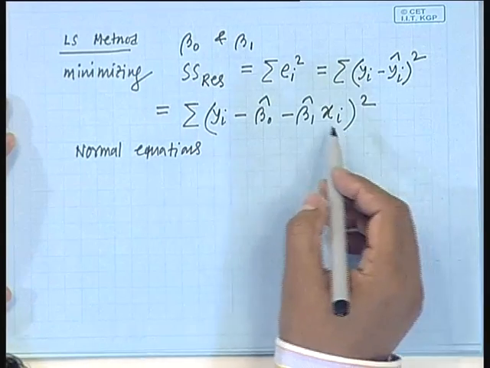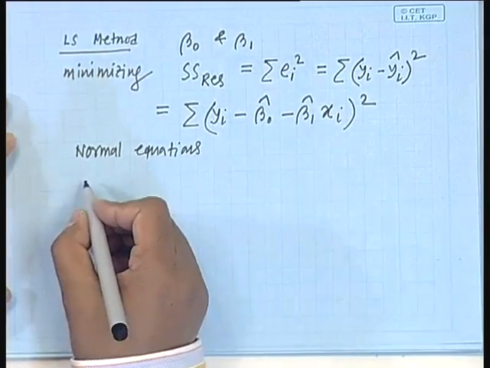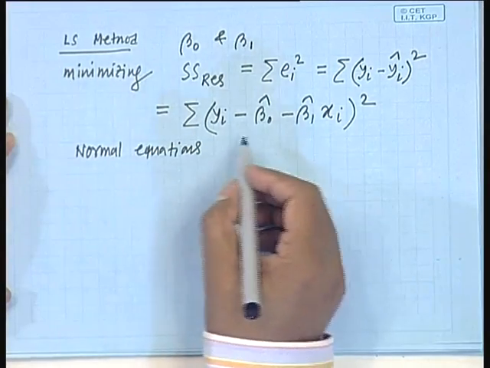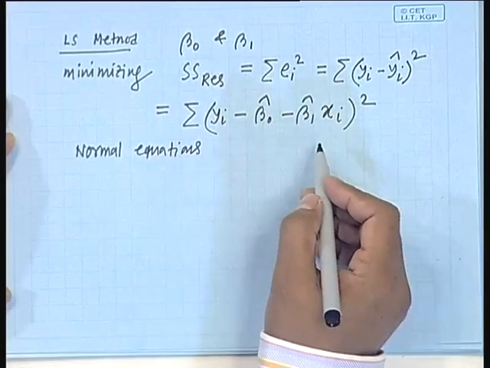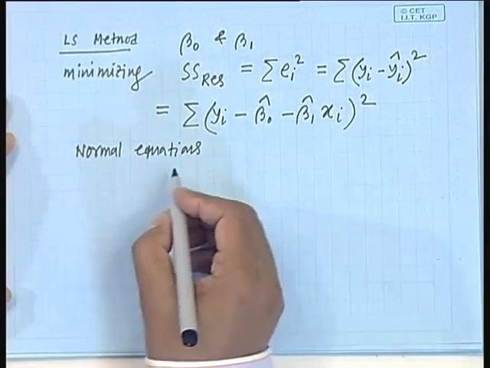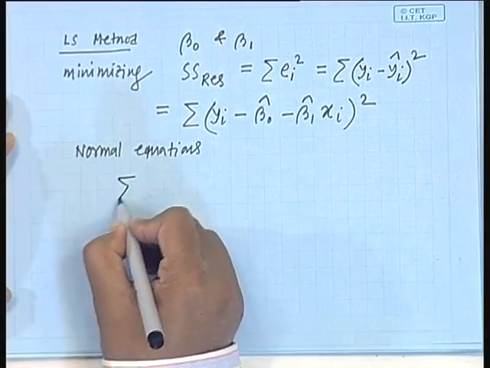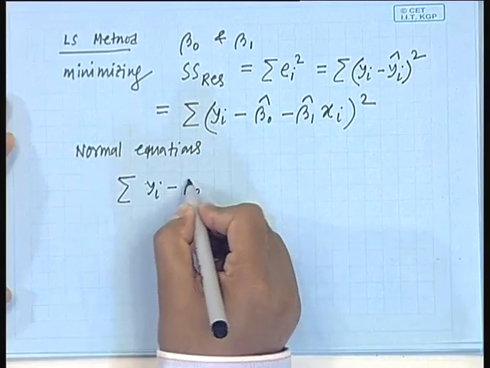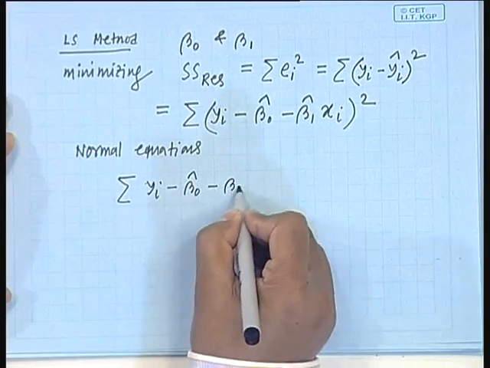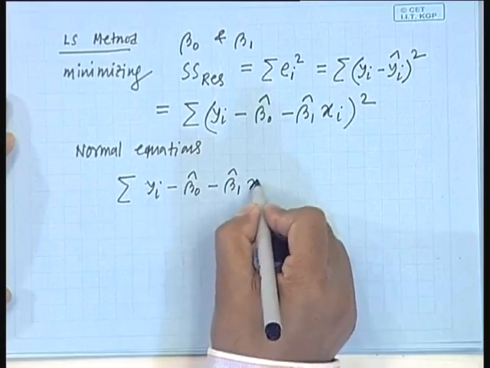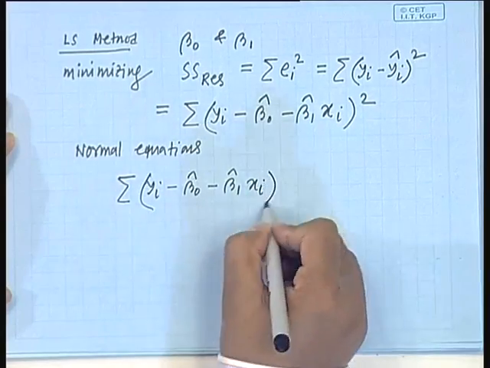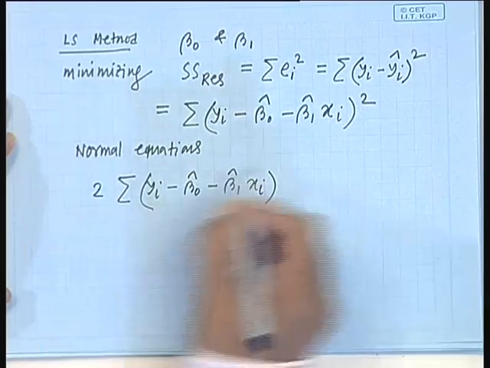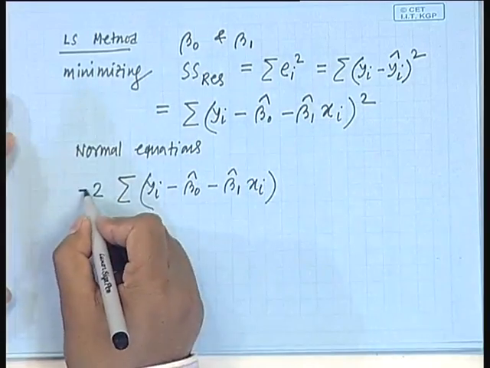The first normal equation: you differentiate SS residual with respect to beta naught hat, that gives summation yi minus beta naught hat minus beta 1 hat xi, 2 times of this and one negative sign here.